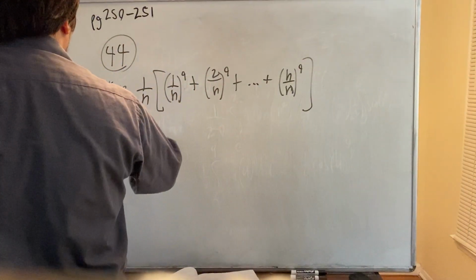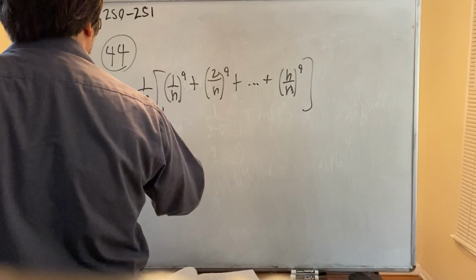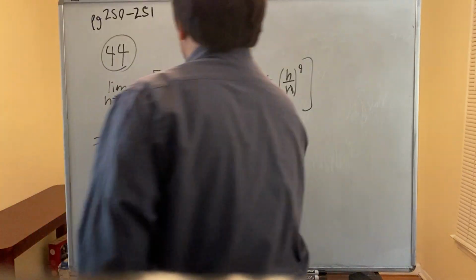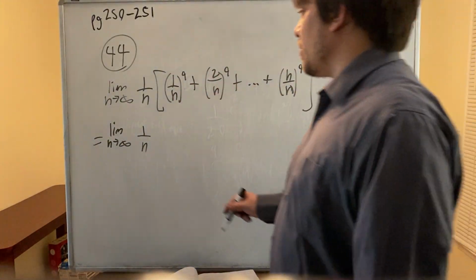So this is equal to the limit as n approaches infinity of 1 over n. Now I'm going to factor out a 1 over n to the 9th power from every term.